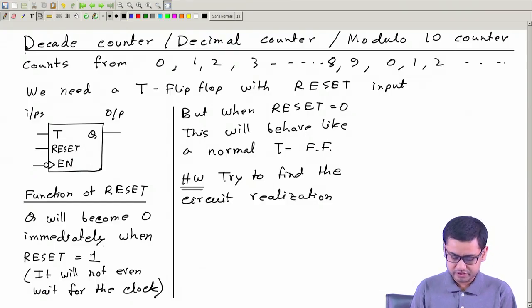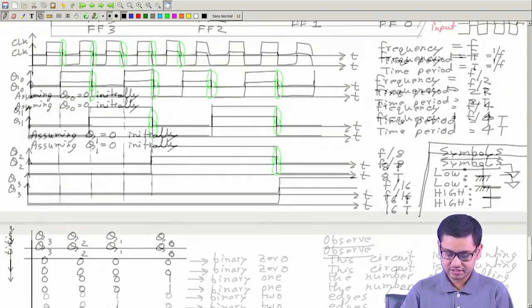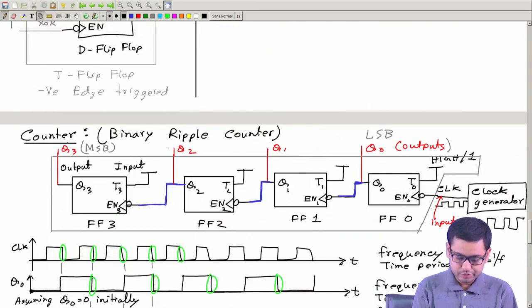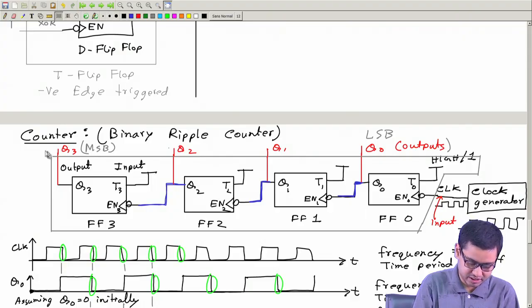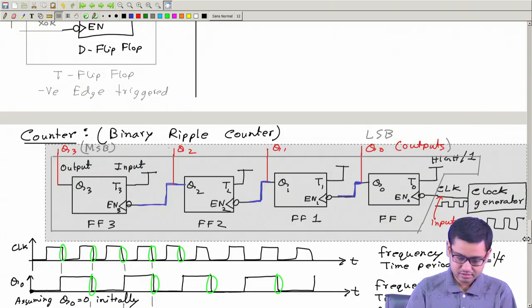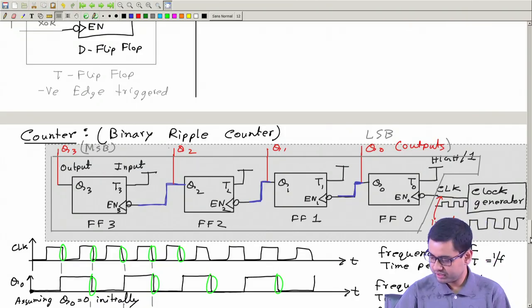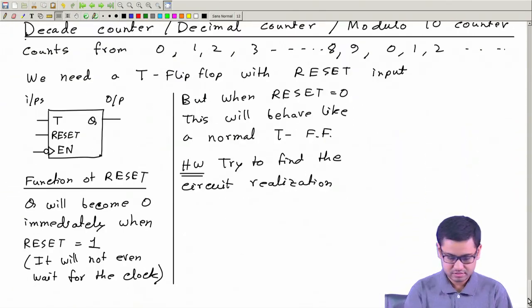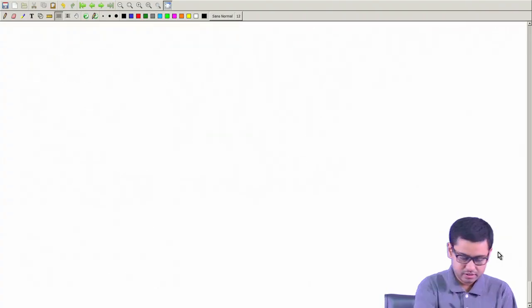Now, if we have this T flip-flop, then we will use the same structure. Copy, paste.